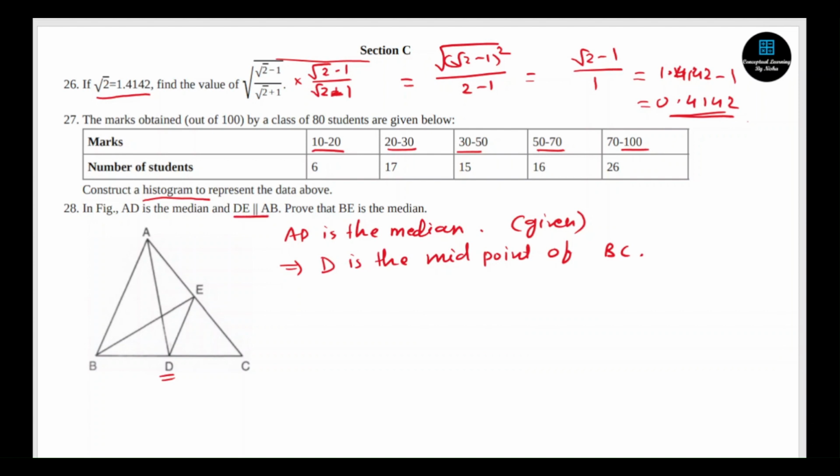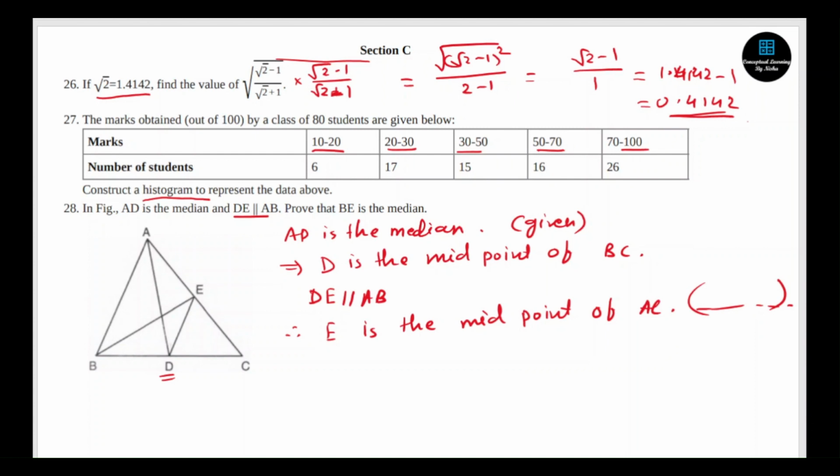And DE is parallel to AB. So what I can say, E is also the midpoint of AC, right? Midpoint of AC. You have to write the theorem statement here, okay?